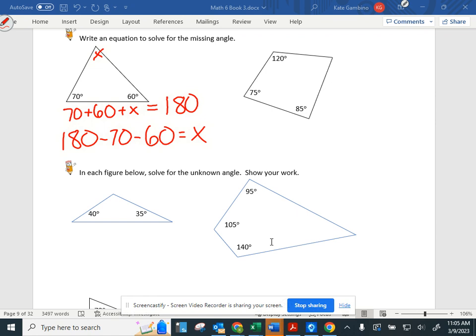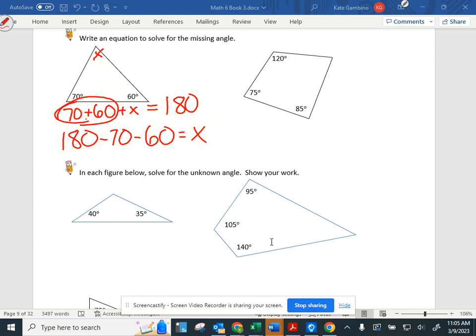I did 70 plus 60, which equals 130. 180 minus 130. That's right. So that way, you're adding, and then you're doing the opposite operation and subtracting it from 180. So we're actually doing the same thing, we just didn't realize it. You're doing it the mathy way without realizing you're doing it the mathy way.